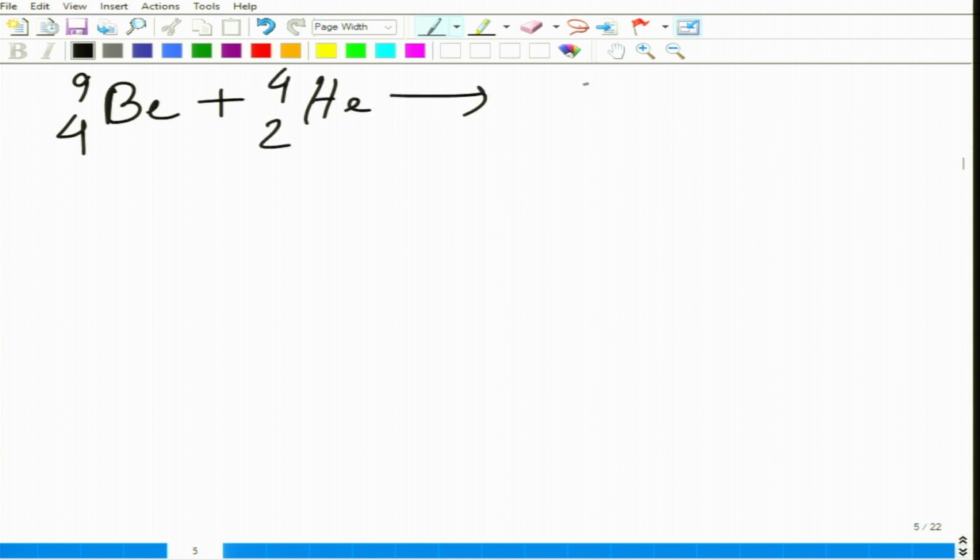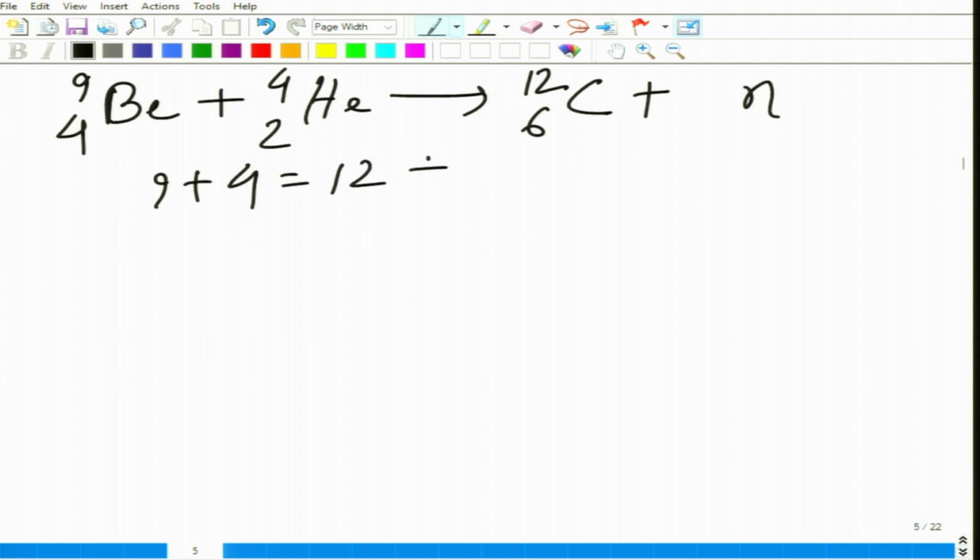As a result, we got a carbon atom and another particle. So, if we equate the mass numbers, we get 9 plus 4 equal to 13. So, it should be 12 plus 1. So, this new particle that was found should have a mass of 1, and if we equate the charges, 4 plus 2 equal to 6. So, this new particle should have a charge of 0.